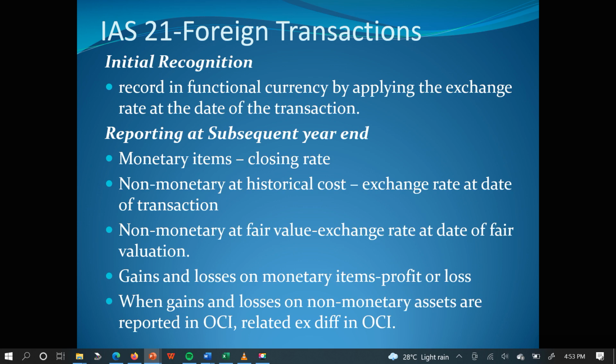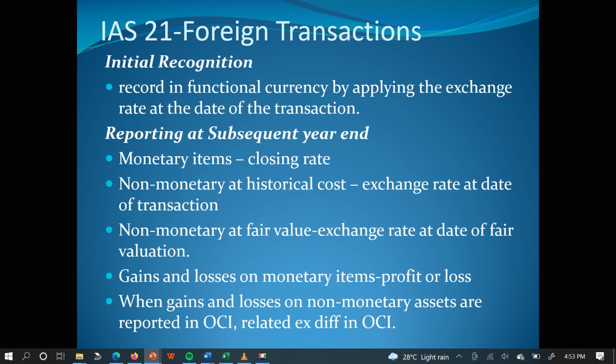You revalue the assets. If you revalue the asset, then you must apply the rate at the date of fair valuation. If you use historical cost, then you must apply the exchange rate at the date of the transaction. That's all that means. And then the gains and losses on the monetary items will be recognized in profit or loss.